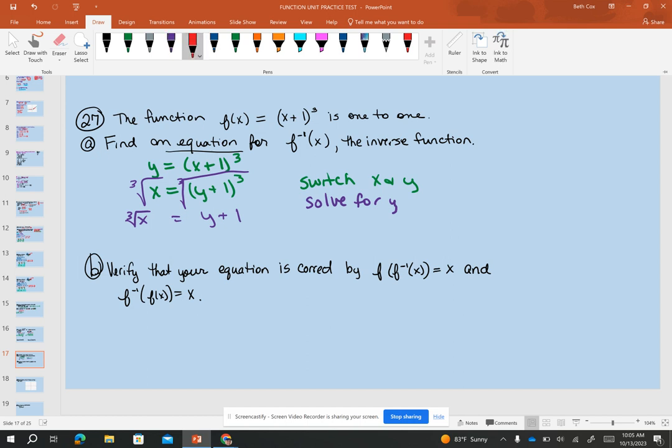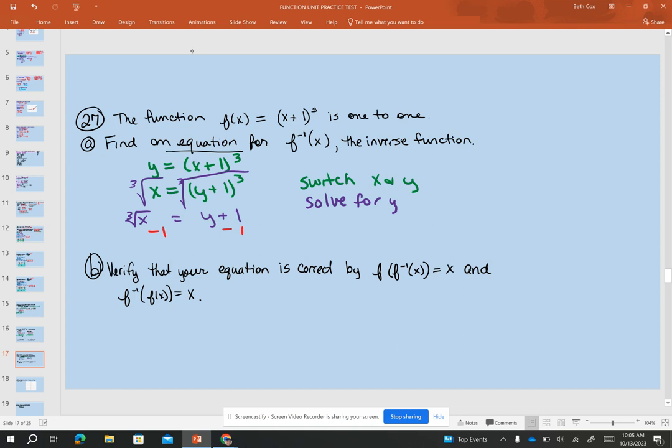Again, I'm solving for y. So to get y by itself, I just need to subtract 1 on both sides. And I get y is the cube root of x minus 1. And that's my answer. The official last step says change the y back to function notation. And so my official answer is right here.